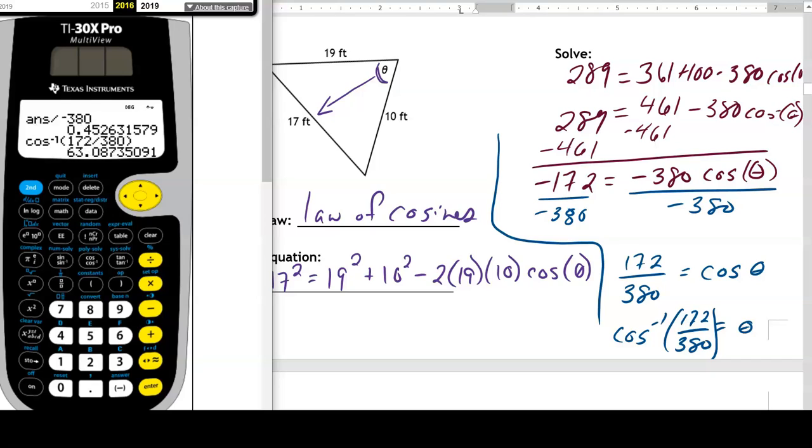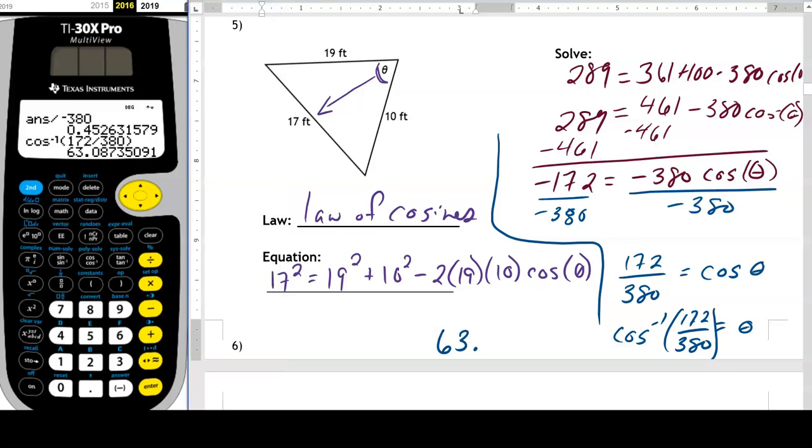Enter. We get 63.0873, and that continues on. For our theta, they ask us to round to the nearest whole number or nearest degree for our angles, so that will be 63 degrees for our angle.